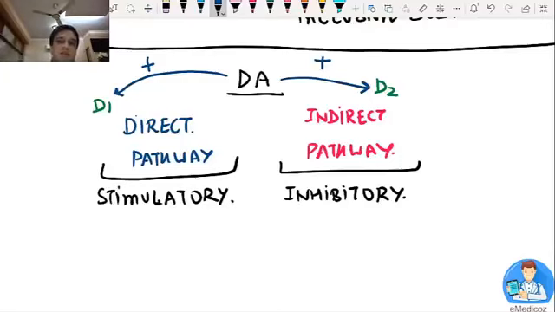If the D1 receptor is stimulated, which pathway will work? The direct pathway. That means I want to do an activity, so I require a direct pathway. But I don't want to stop. So can you tell me, what is this D2 receptor going to do for me?